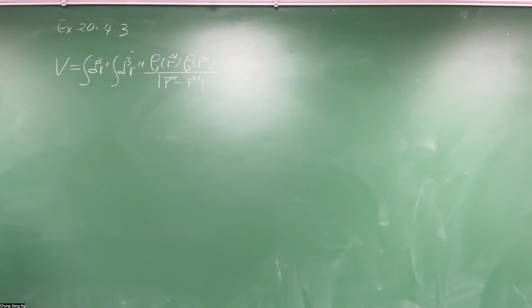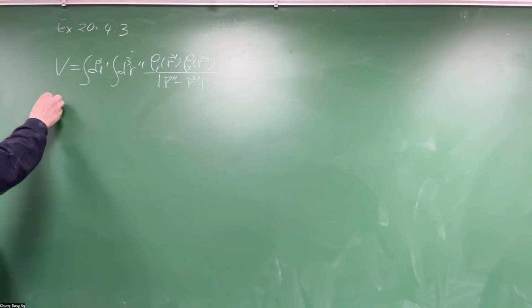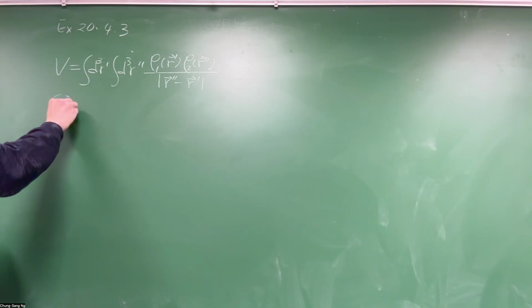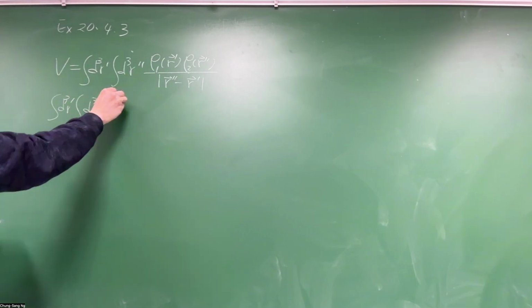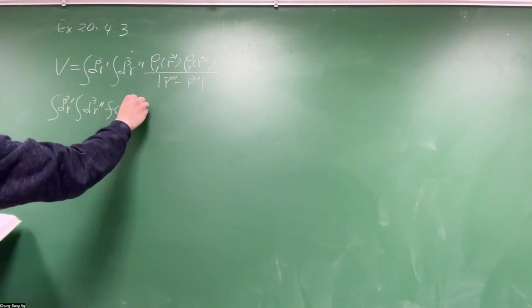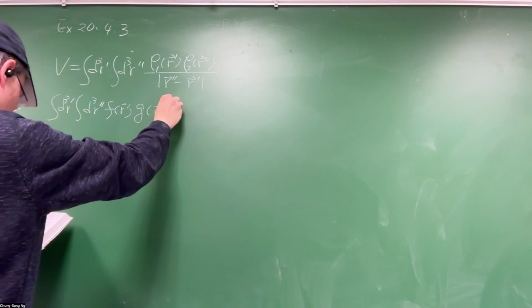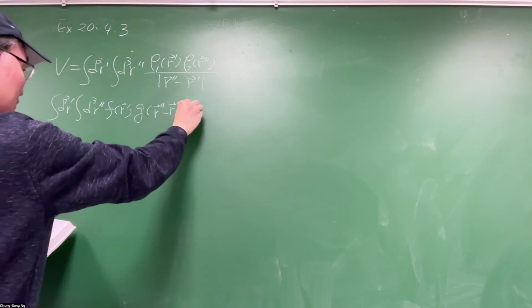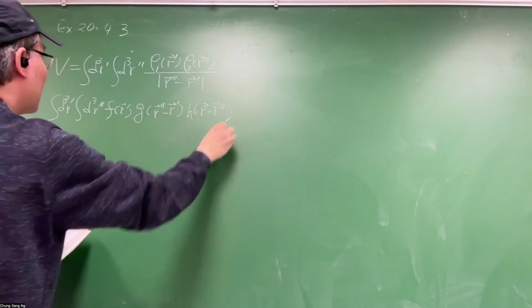So, the 3D convolution, other than the factor in front, is the integral over R double prime of the function F(R prime) times G(R double prime minus R prime) times H(R minus R double prime).